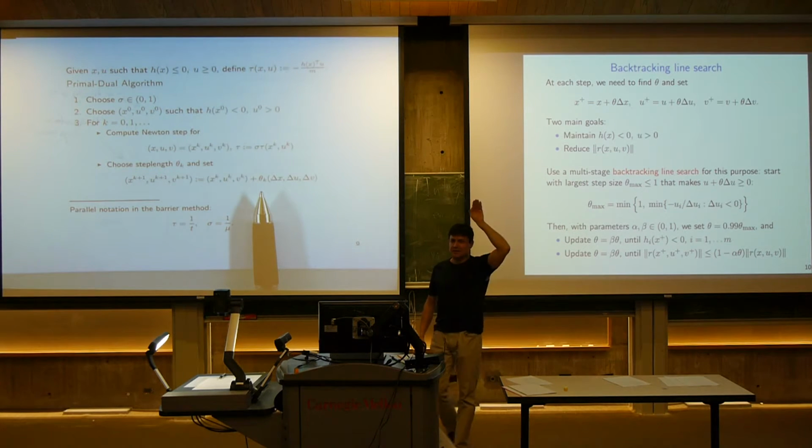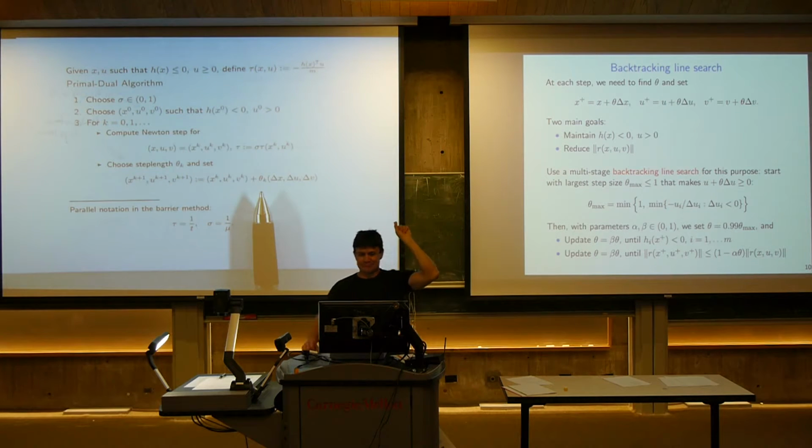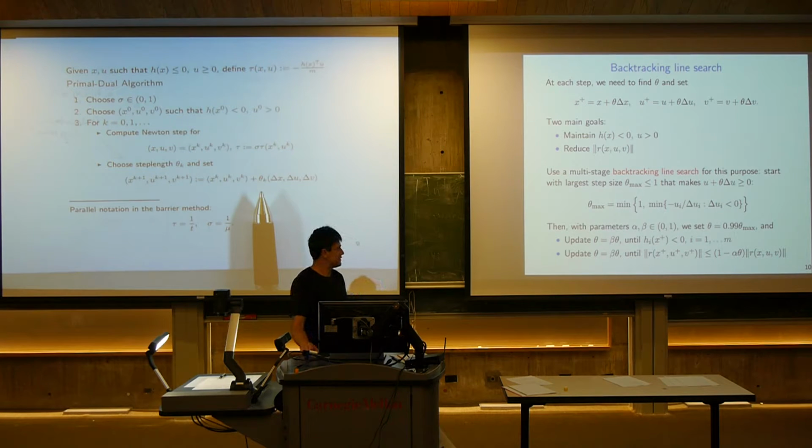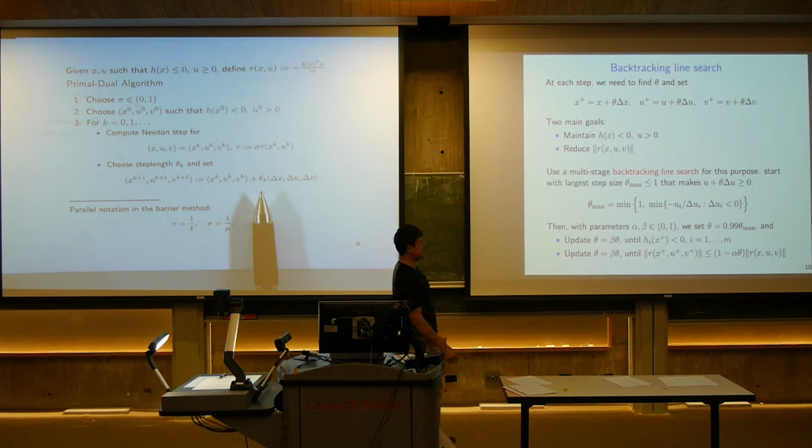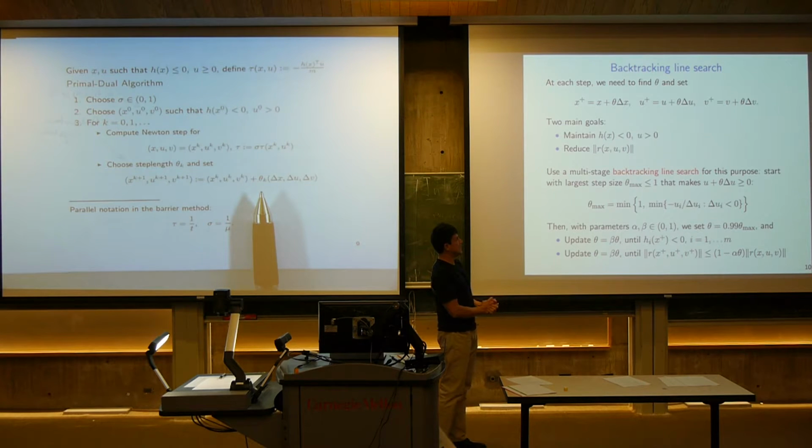That is, we maintain h of x negative and u positive. So we maintain the strict inequalities, and we reduce the size of the residuals.